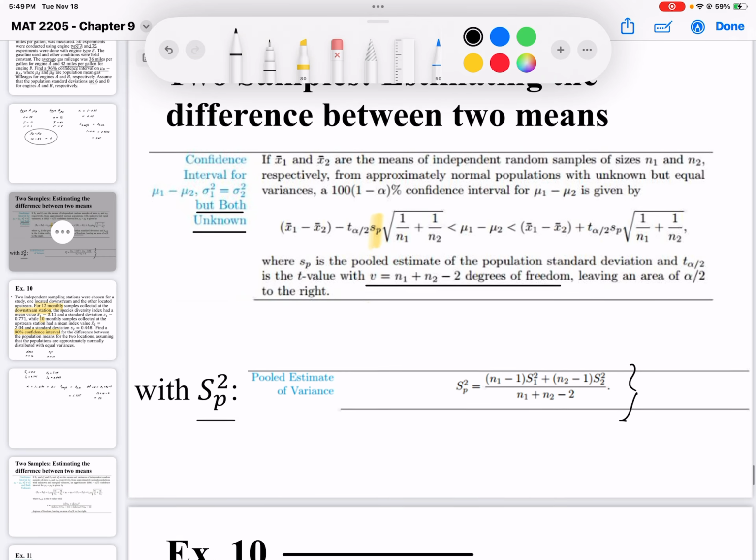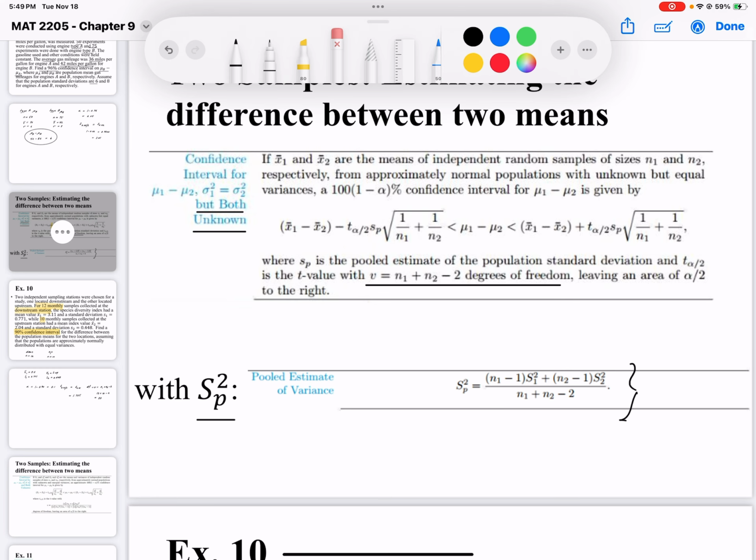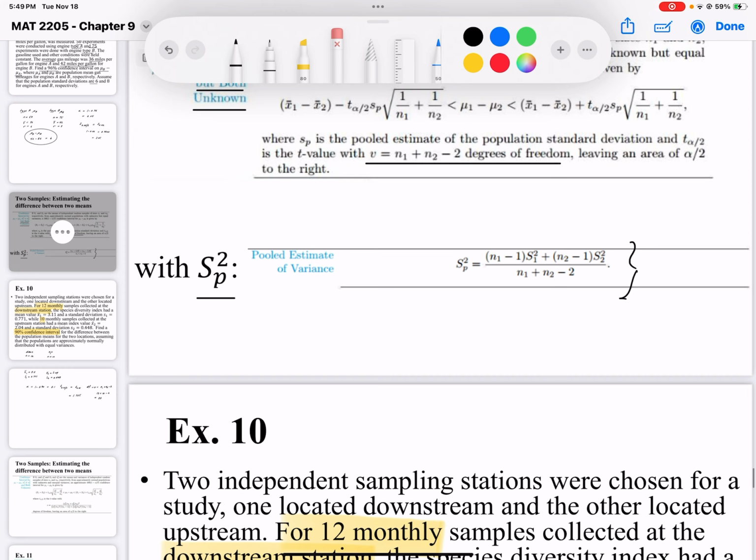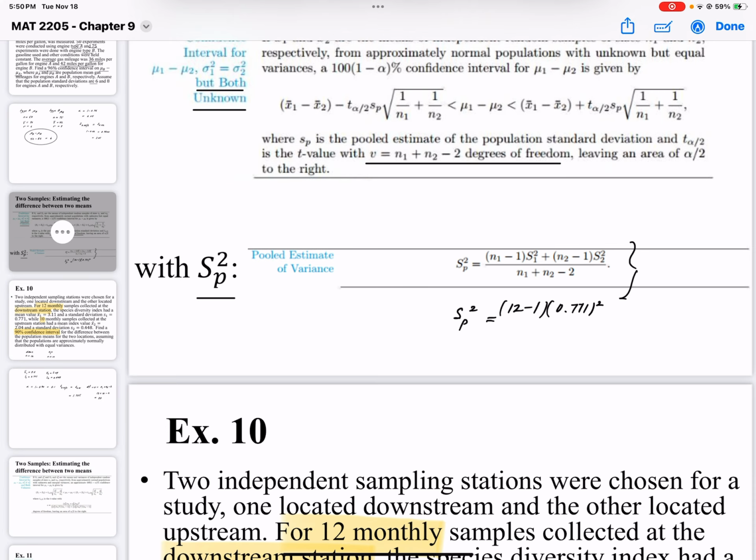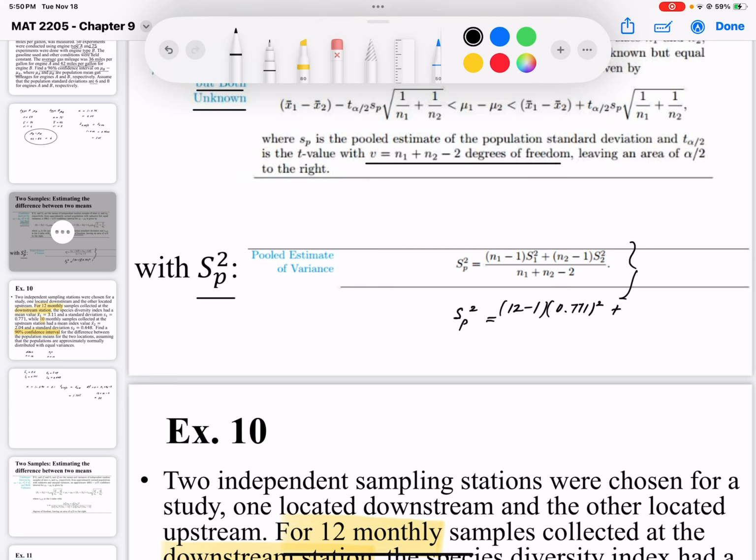The first thing I need to find, so it's a lot of stuff here to plug in, is our pooled statistic. I'm going to plug in everything exactly as I see it, and I need you to follow along. n1 minus 1, that's 12 minus 1, times our s sub 1 standard deviation, 0.771 rather, squared, plus n2 minus 1.